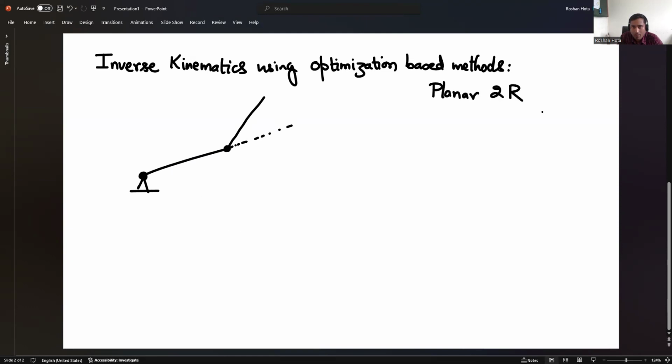Here, R means that there are two revolute joints. We have to perform the inverse kinematics of this robot. What does that mean?